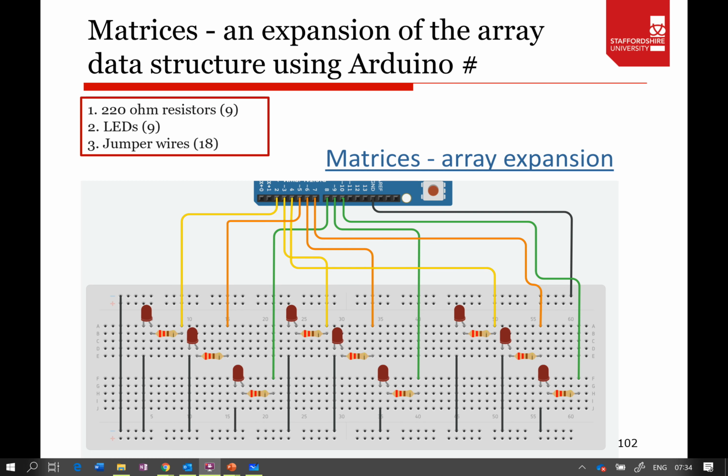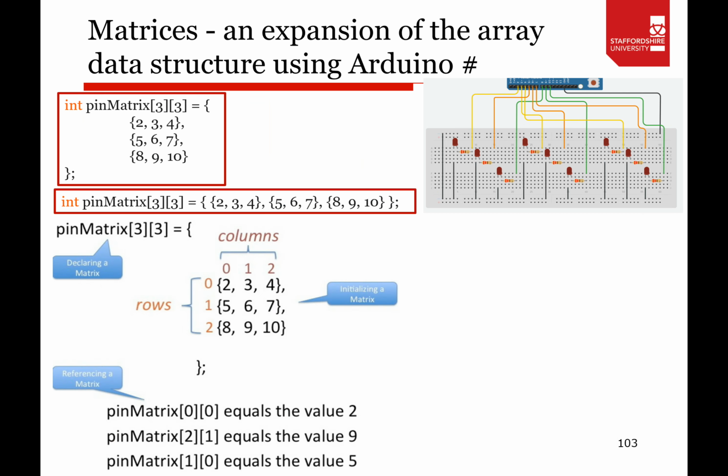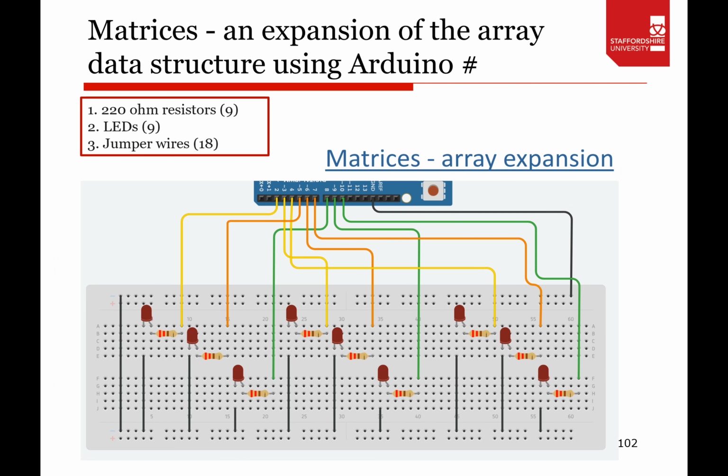So we have a 3x3 matrix. So we have the first LED connected to pin, we're going up to pin 2.